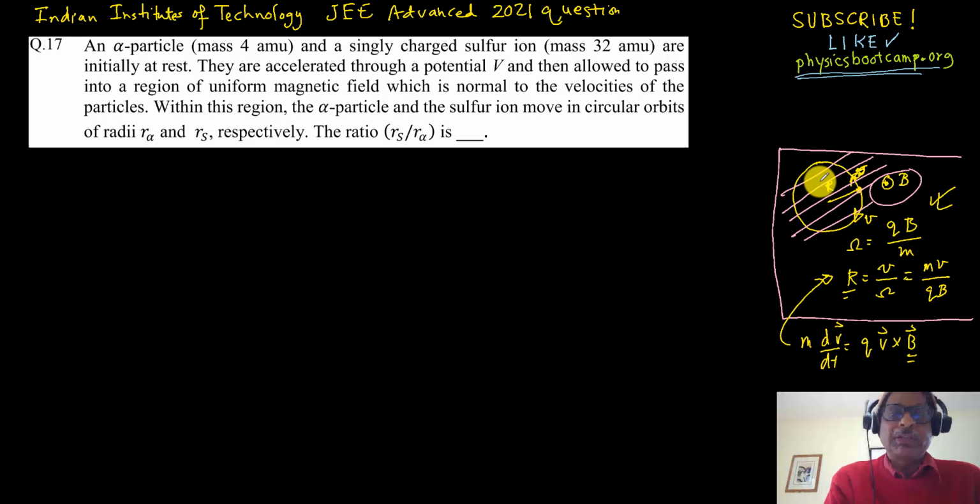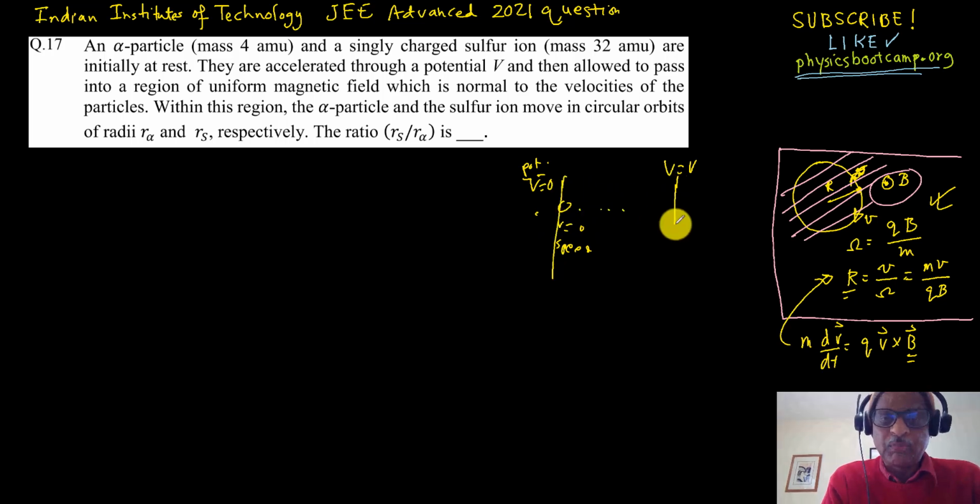And another thing that goes into this problem is this: if I have a particle at rest, over here the potential is zero and the speed is 0, and over there the potential is V. So say there are two plates here, and it says they're accelerated through a potential V. If this is a positive charge, then this will be V, and this will be 0.